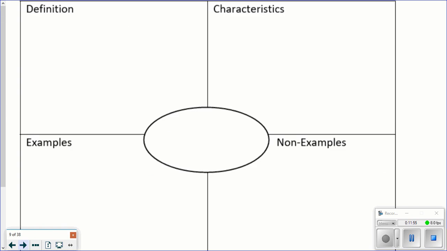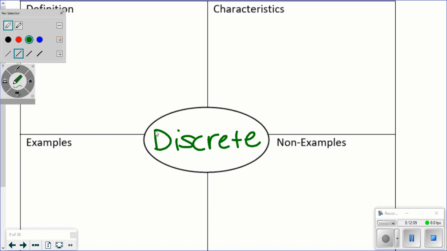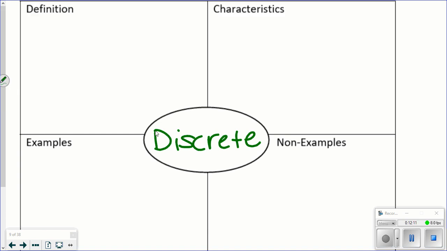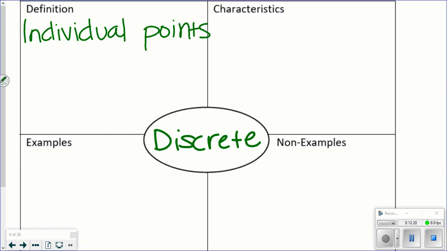Okay, the next one we had was discrete. So remember, discrete would be individual points not connected by a line or curve.